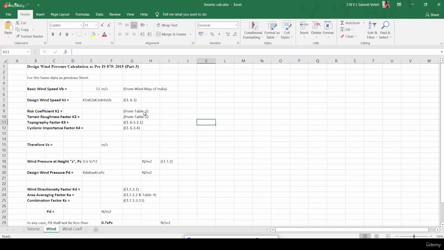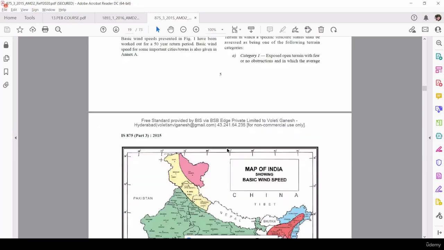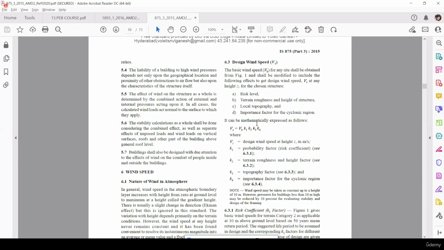So how to calculate design wind speed? There is clause 6.3 in IS 875 Part 3. Design wind speed Vz can be defined as the basic wind speed with some particular factors. Those are factors K1, K2, K3, K4.